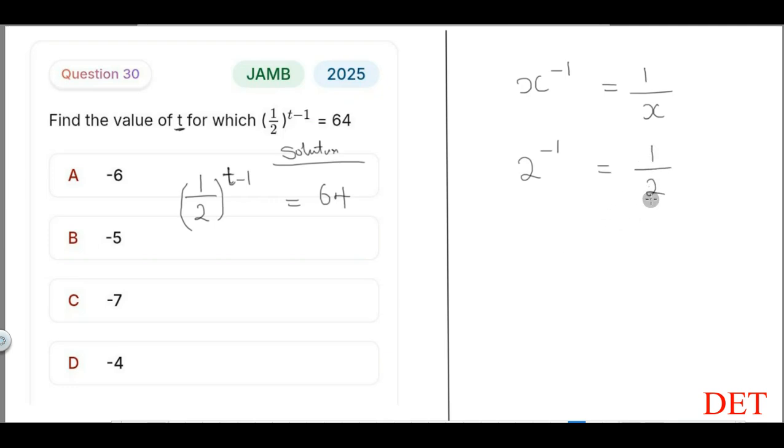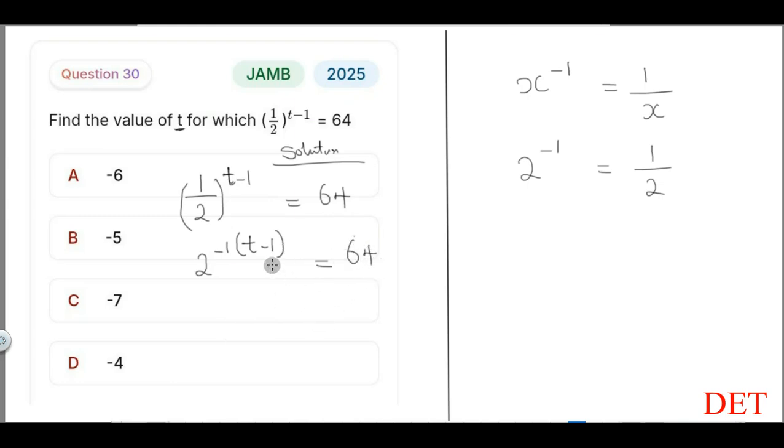So your 1/2 can also be written as 2 raised to the power of -1, and I have (t - 1) there. I have 2^(-1(t-1)) equal to 64.